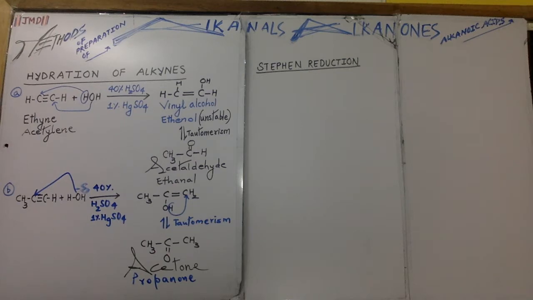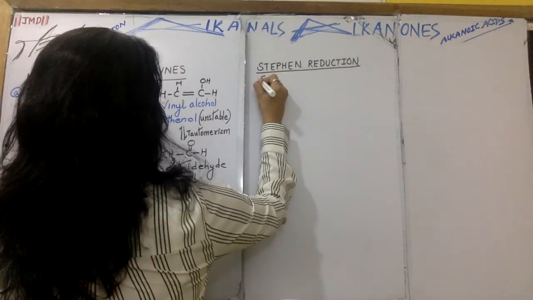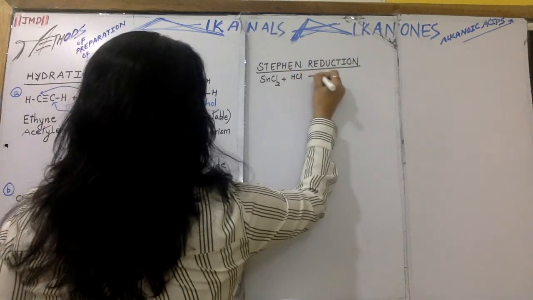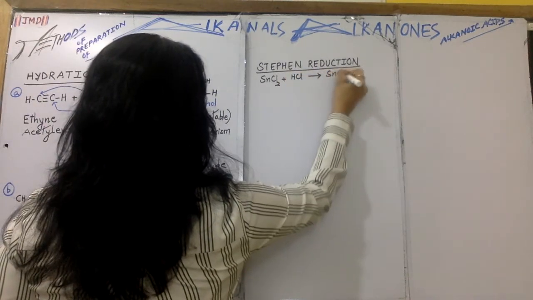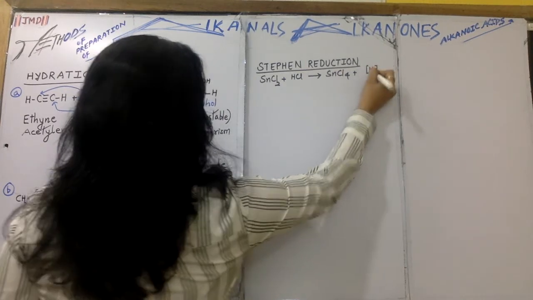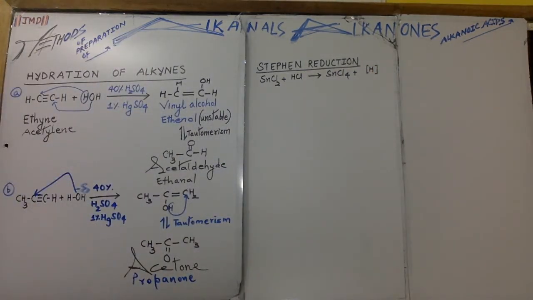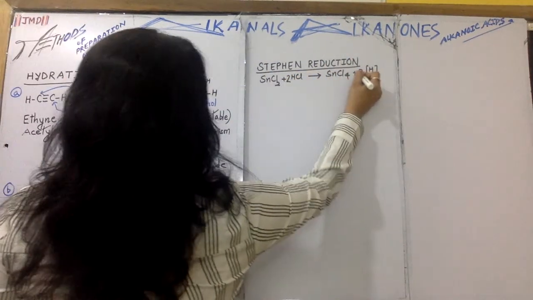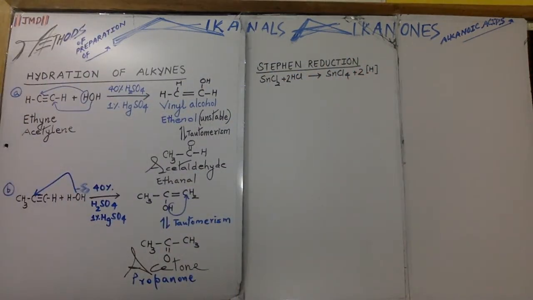We treat stannous chloride with HCl. As a result, we get stannic chloride and nascent H is generated. This nascent H helps in the reduction.